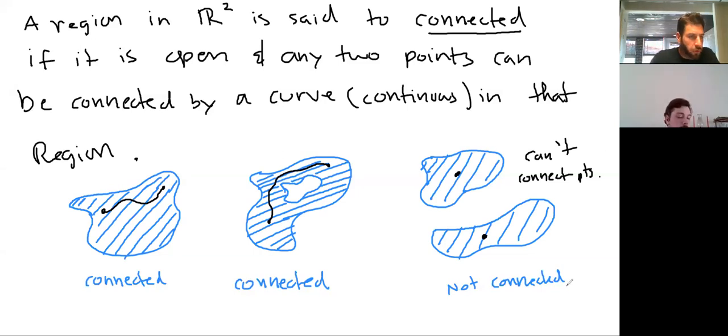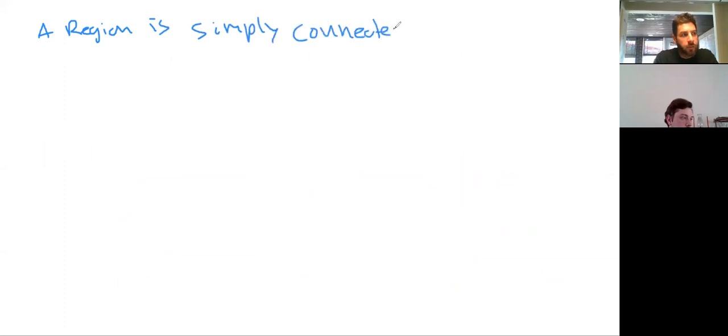Okay, we have two more definitions. Whew. So, a region is simply connected. Now we're going to add an adjective to connected if the following.